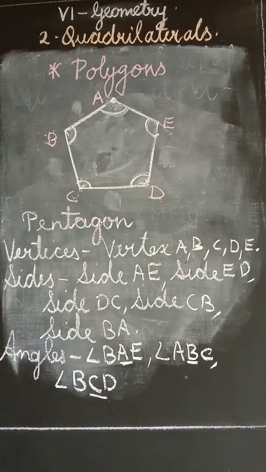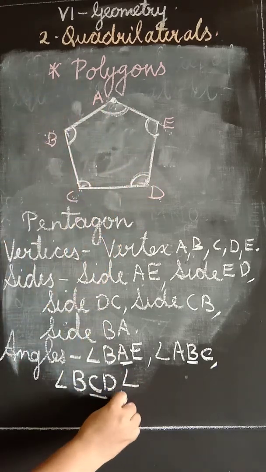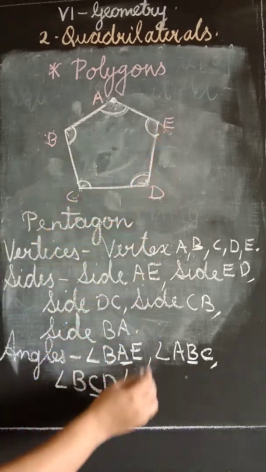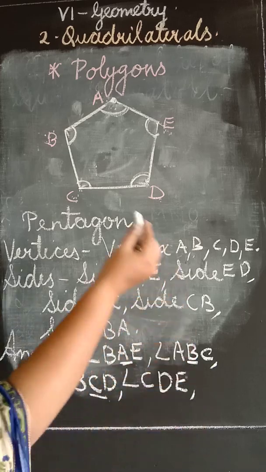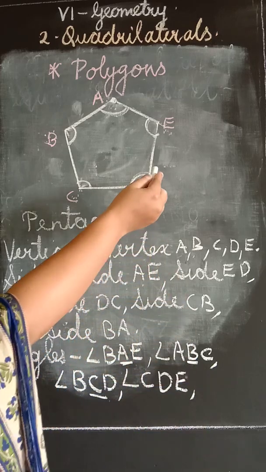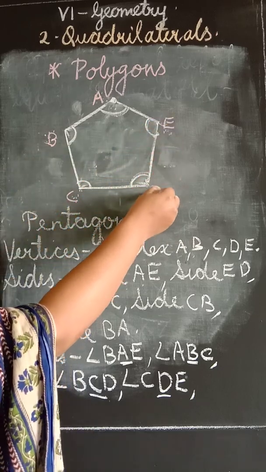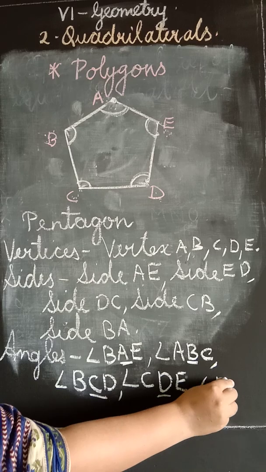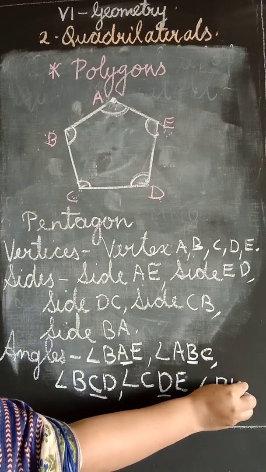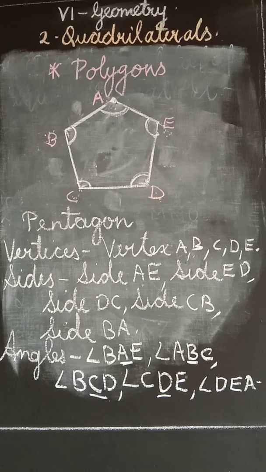So did we get C angle? Now D. Go further. Angle CDE. And the last angle D also we have finished now. Now E is remaining. So D, E, A. Angle DEA.